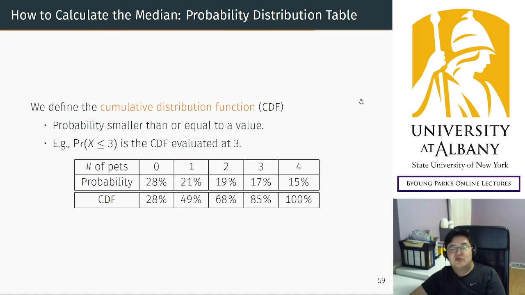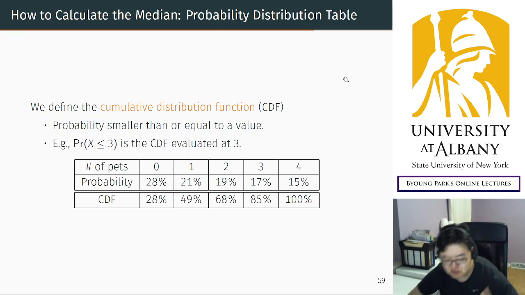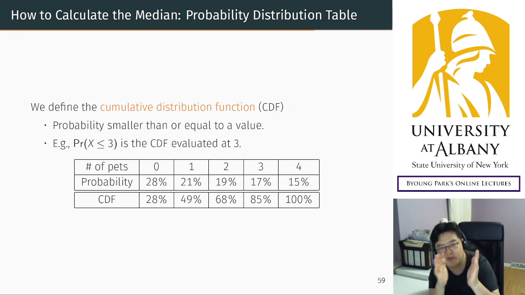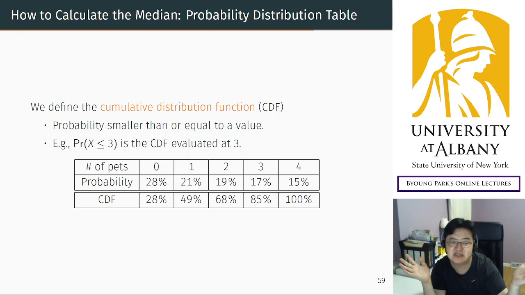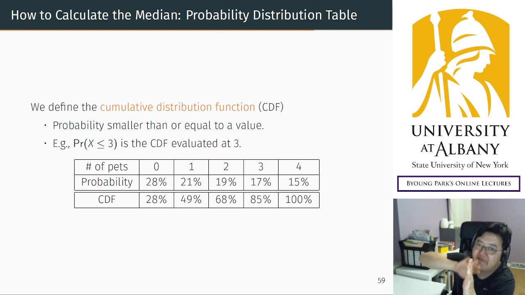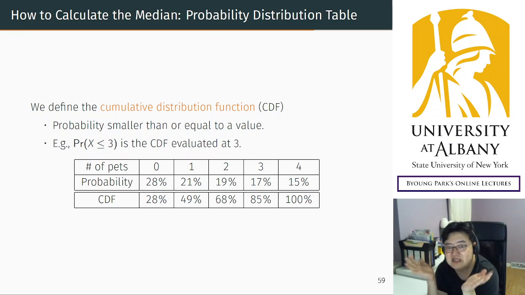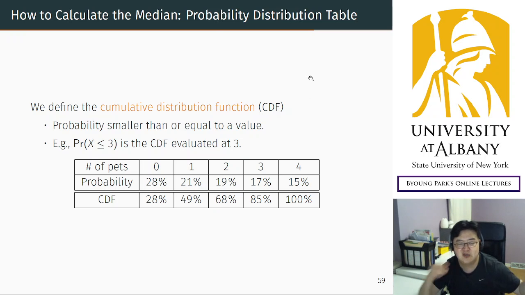To think about this, we have to introduce another new concept. What we are going to do here is find a point. Up to that point, the probability should be greater than 50%, and after the point, the probability is also greater than 50%. So we would like to calculate the probability up to a point.